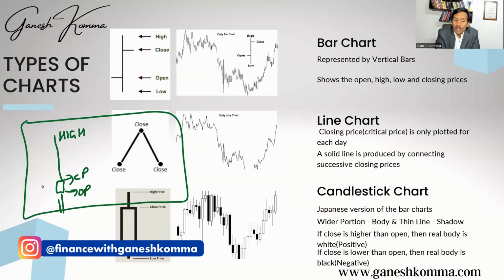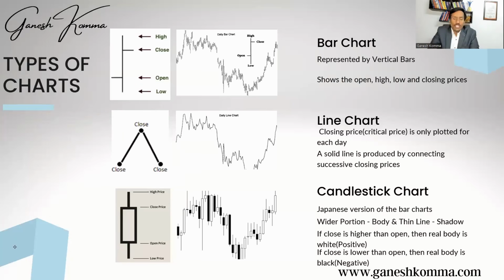And if you observe, many of the IPOs, initial public offers, on their listing day will exhibit this kind of a setup. Similarly, if you see a particular candle wherein a small body is there and there is a long wick on the downside, which means there was an opening price, closing price, and this is the day low.